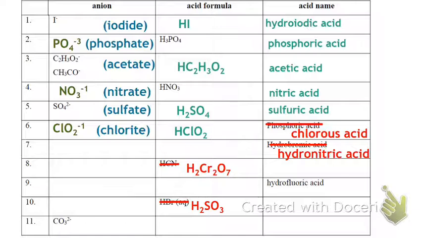Hydronitric acid. Hydro means there's no O's in my acid, which means I'm not actually going to be looking at the back of my polyatomic sheet for a polyatomic. I just have some single element in that acid with the H, and the element is pretty obvious by the name. That's nitric acid. That's going to be nitrogen there. Technically, it's a nitride ion, but don't worry about that.